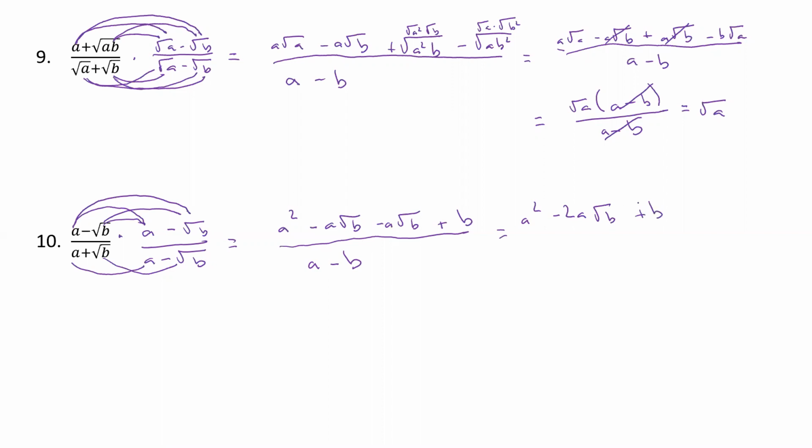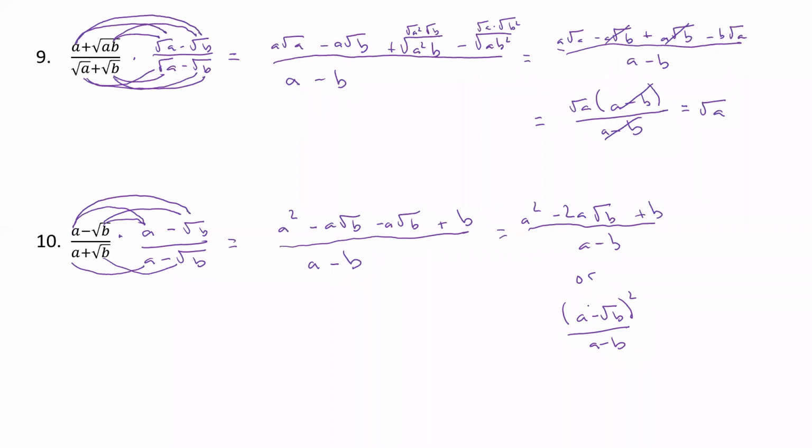All right. Now, does that kind of ring any bells? Well, we can leave it as this, and don't forget we still have that a minus b here. Or if we remembered, hey, that times that, we could write this as a minus the square root of b, squared, over a minus b. Depending on how the problem says to either multiply it all out and see if anything cancels, do that.